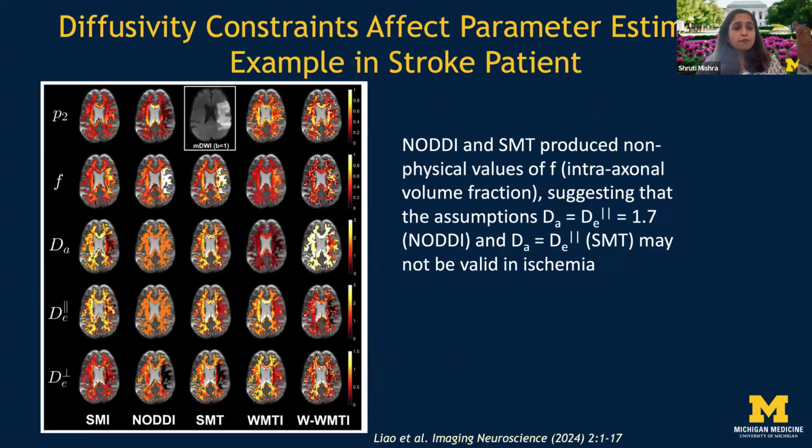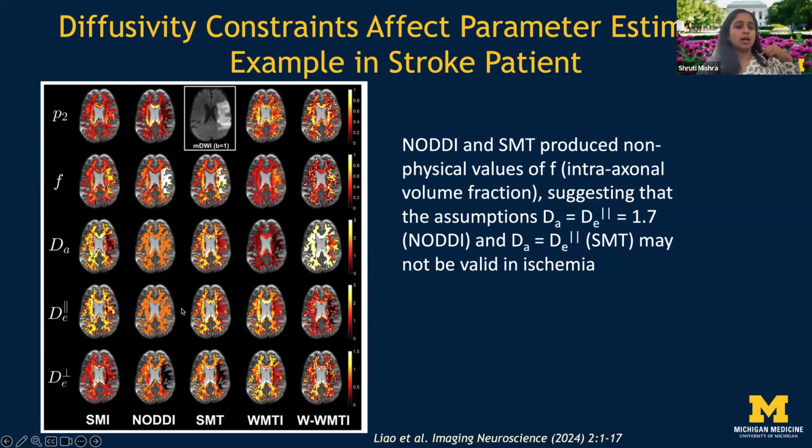Furthermore, applying these diffusivity constraints may not always be valid in certain disease states. This is an example of a stroke patient with a left middle cerebral artery distribution stroke. F is another word for the intraaxonal volume fraction; in the context of NODDI, people sometimes use the term neurite density index for that parameter.